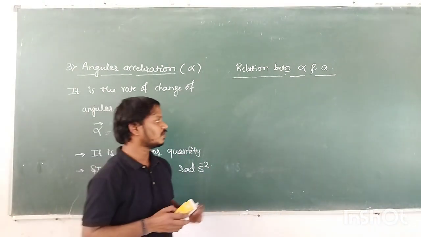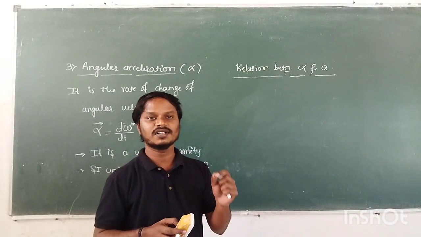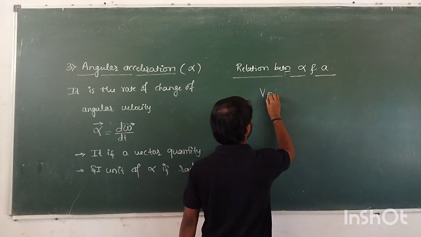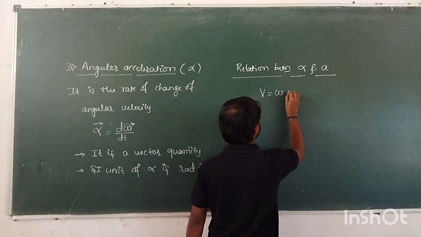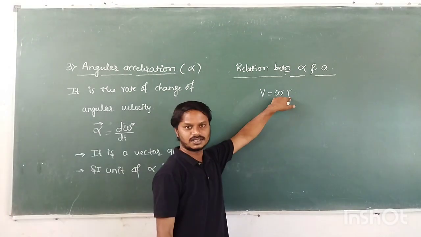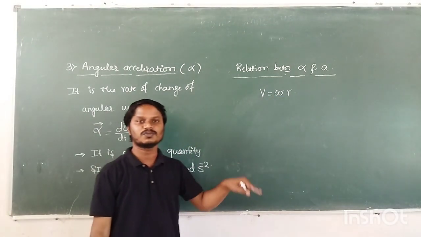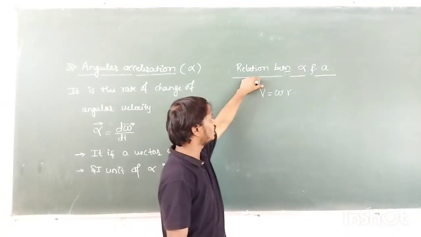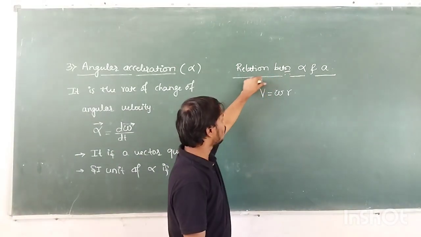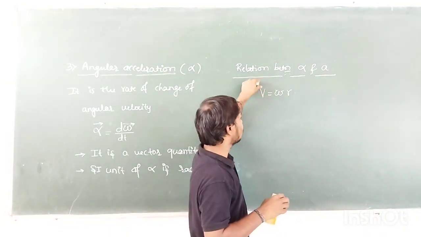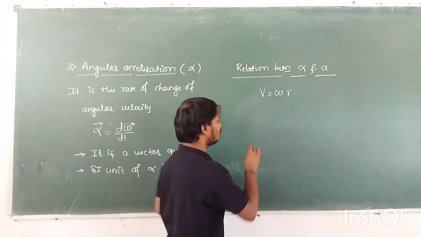The relation between angular velocity and linear velocity is v is equal to omega into r. Here r is constant because the radius in rotational motion is constant. The variables are v and omega. Both are changing with respect to time, hence differentiating this equation with respect to time.